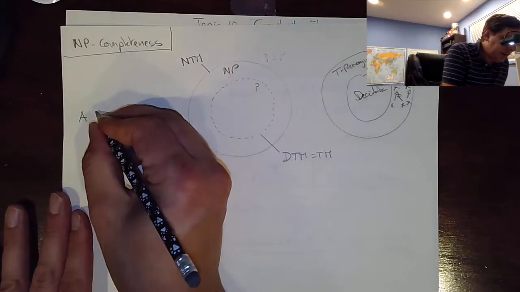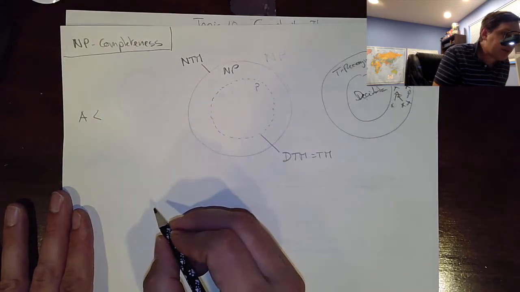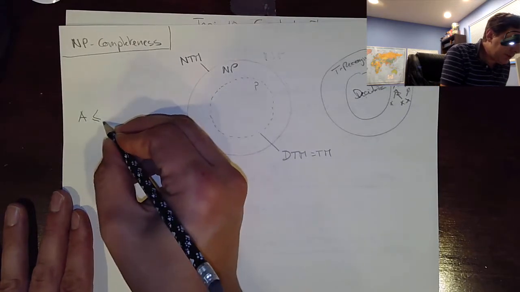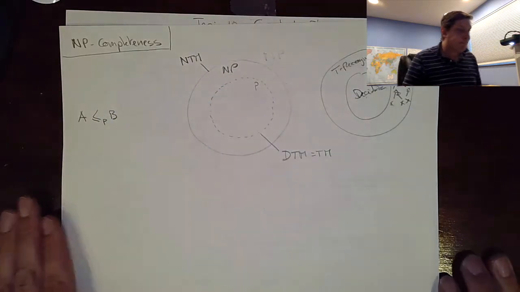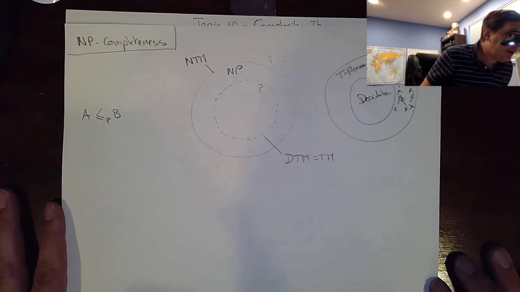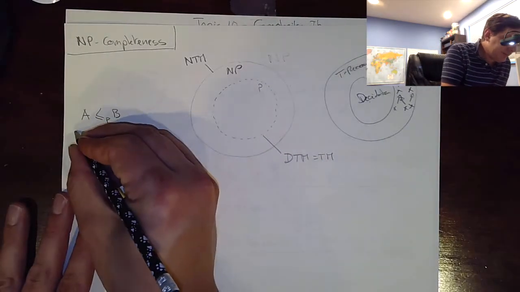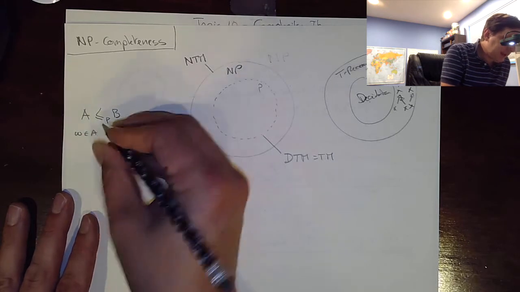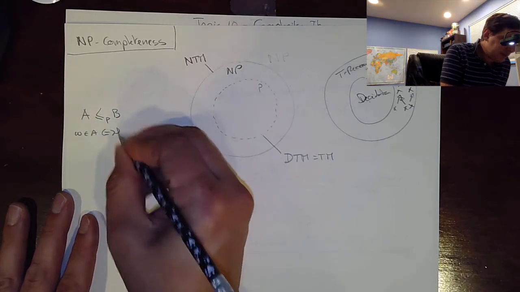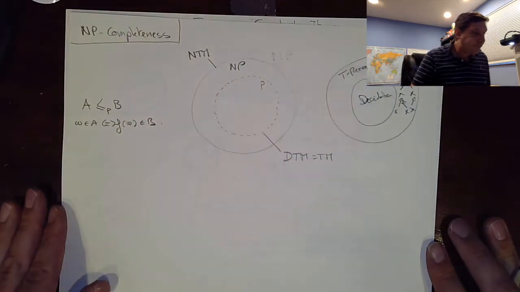A is polynomial time mapping reducible to language B if there is a polynomial time computable function f such that w is in A is equivalent to f of w is in B.